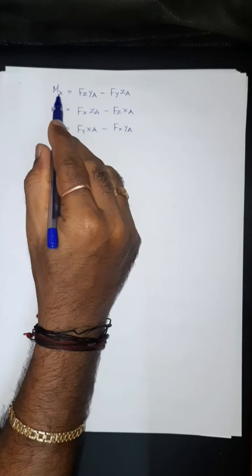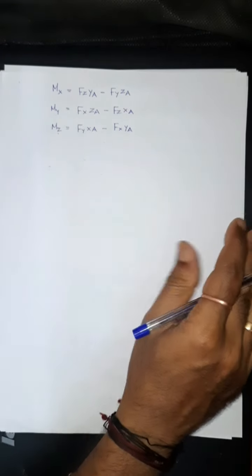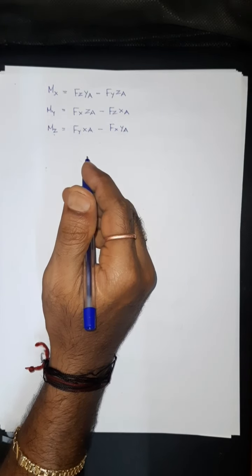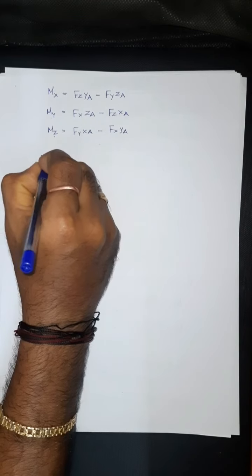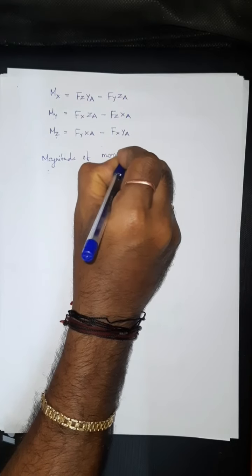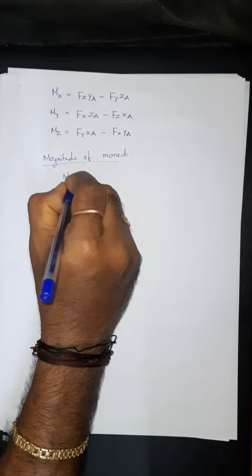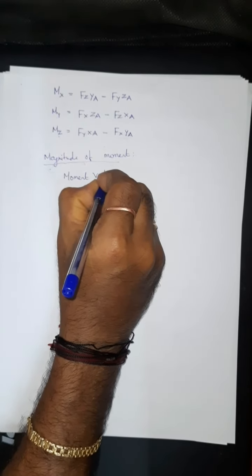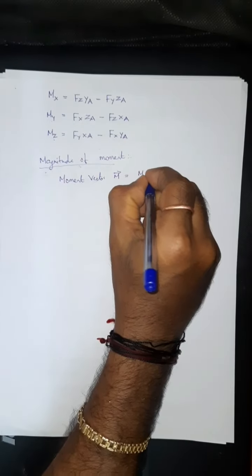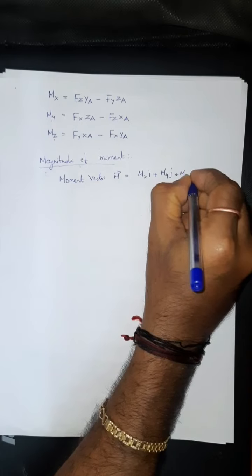where the moment about x direction, moment about y direction, moment about z direction are the scalar quantities of the M vector along the x, y, z axes respectively, isn't it? So the magnitude of the moment vector can be written as M equal to Mx i plus My j plus Mz k, isn't it?